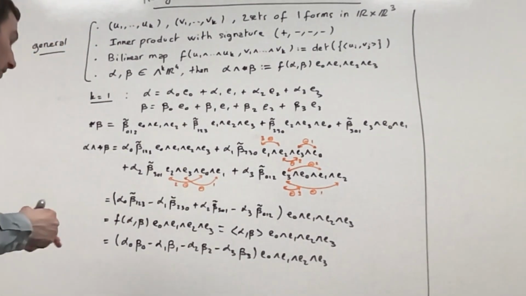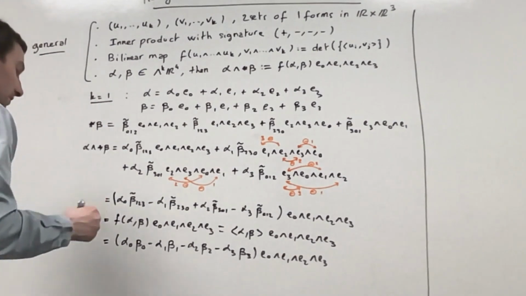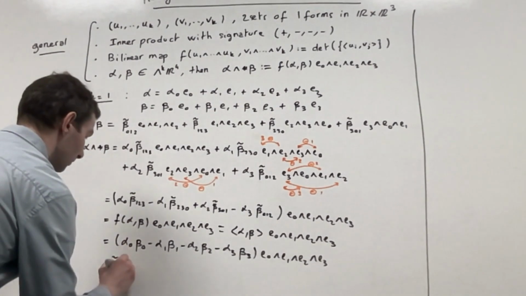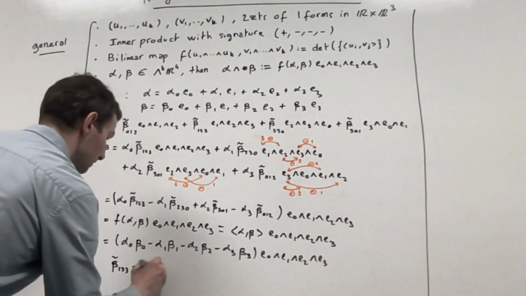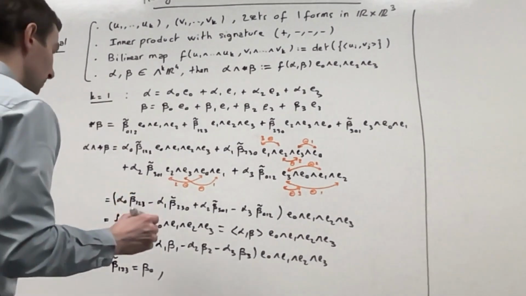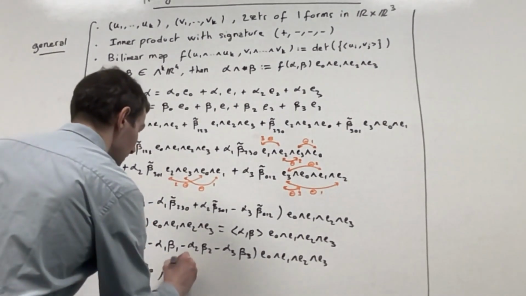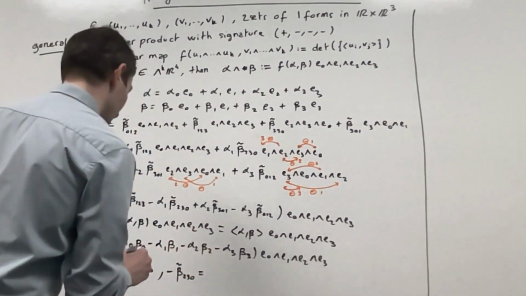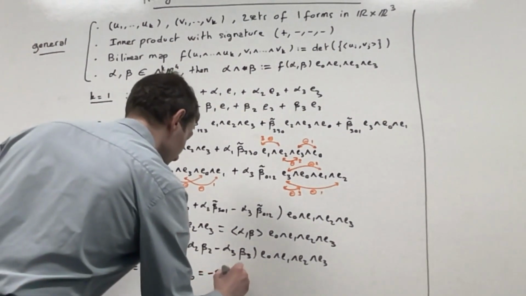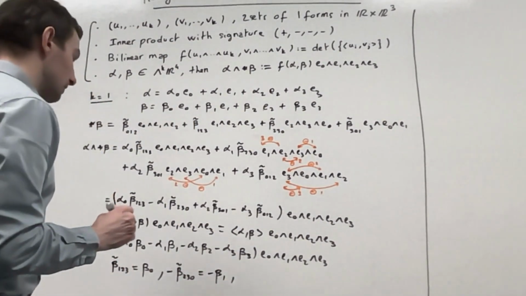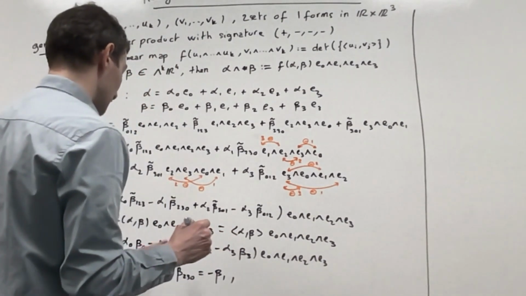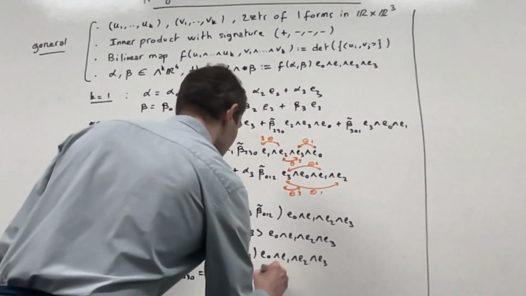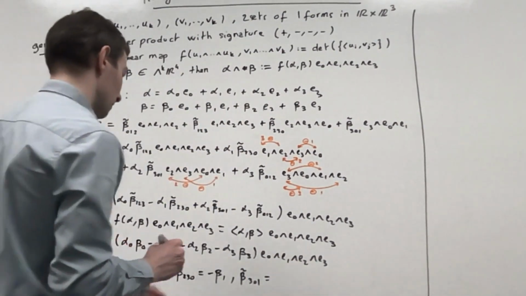And so what we get out of this is basically by comparison, I'm going to get that beta tilde 1, 2, 3 is equal to beta 0. Then I'm going to get that minus beta tilde 2, 3, 0 is equal to minus beta 1. Then I'm going to get that beta tilde 3, 0, 1 is equal to minus beta 2.